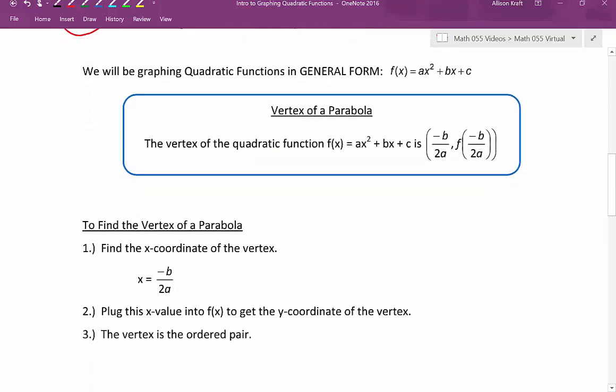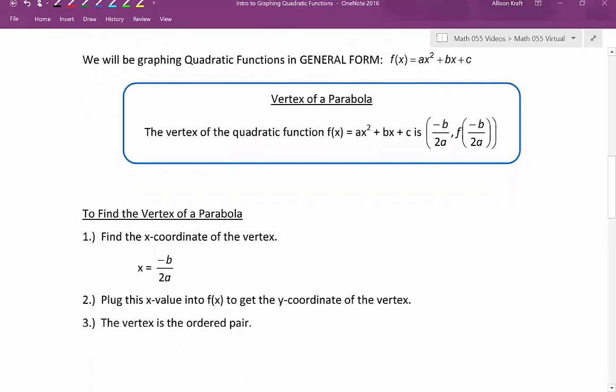So here I've outlined in steps how to find the vertex of a parabola. The first thing we're going to do is find the x-coordinate of the vertex using the formula x equals negative b over 2a. I always remember that this is the equation I need for graphing parabolas because it's the beginning part of the quadratic formula, right? x equals negative b plus or minus all this over 2a.